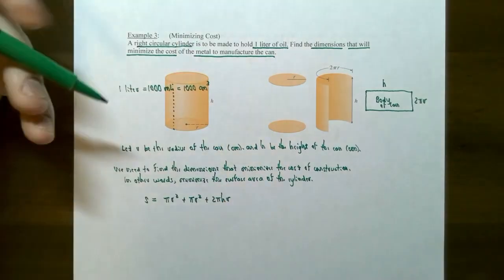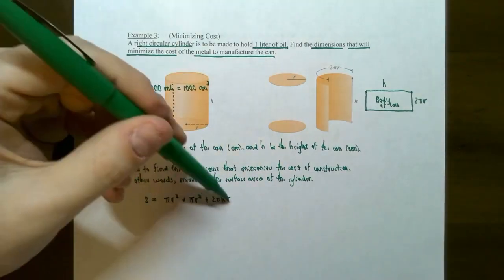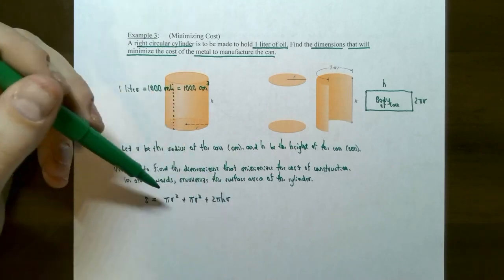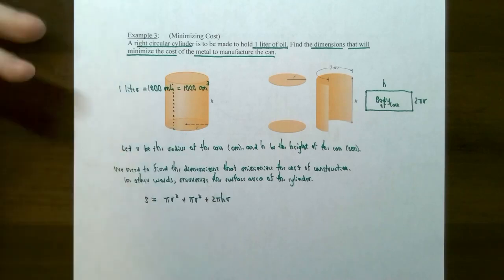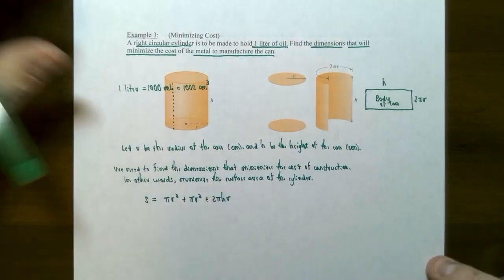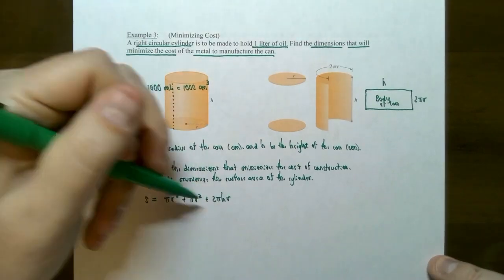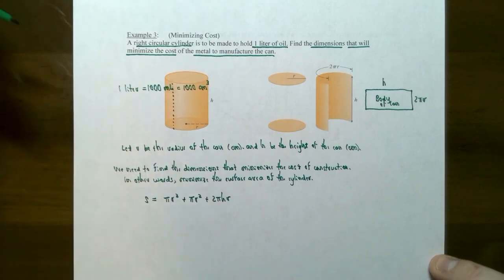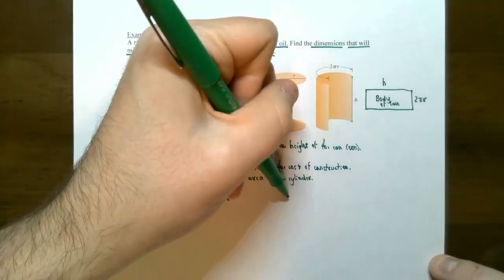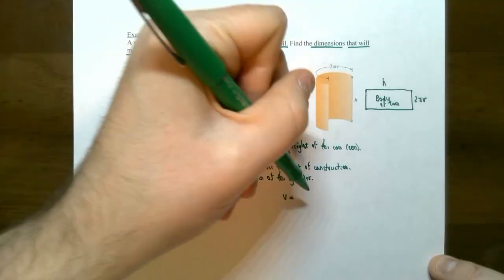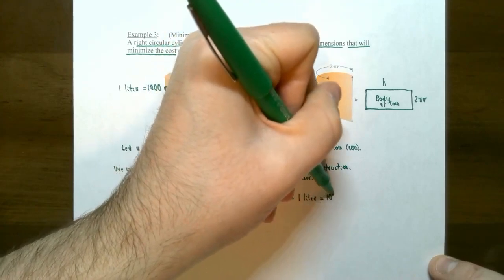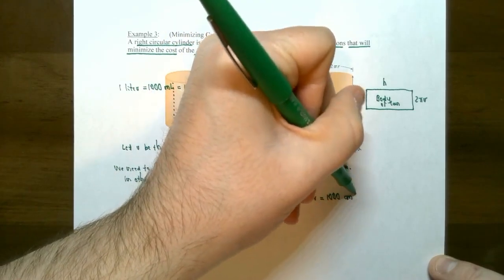Now, notice again, this is just like example 1. We have too many variables. We cannot differentiate with respect to r or h whenever there's too many variables. So we need to have some way of replacing either r or h. So this is where the volume comes in. We also have information about the volume that the can will actually hold, 1 liter, or 1,000 centimeters cubed.